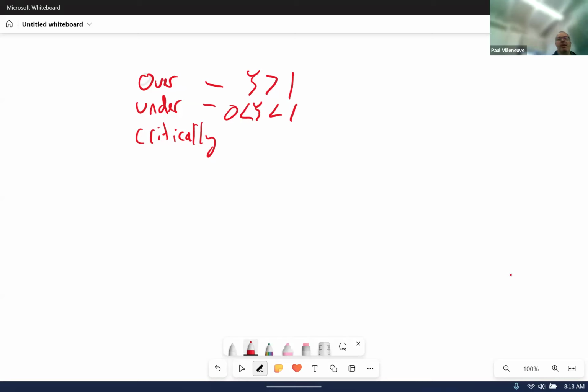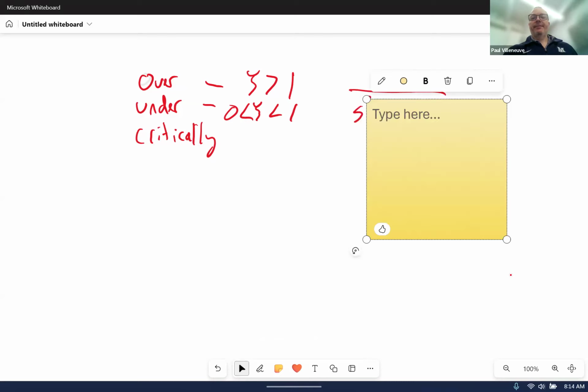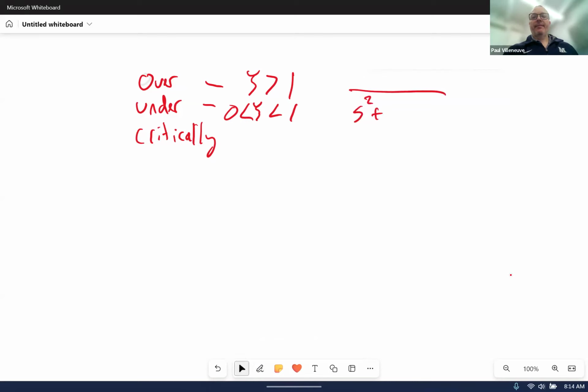Why can't the system be less than 0, or zeta be less than 0? If we go back to our denominator here, why can't zeta be less than 0?